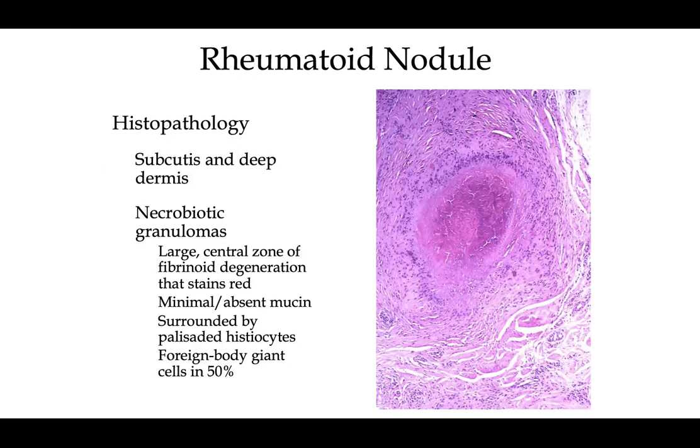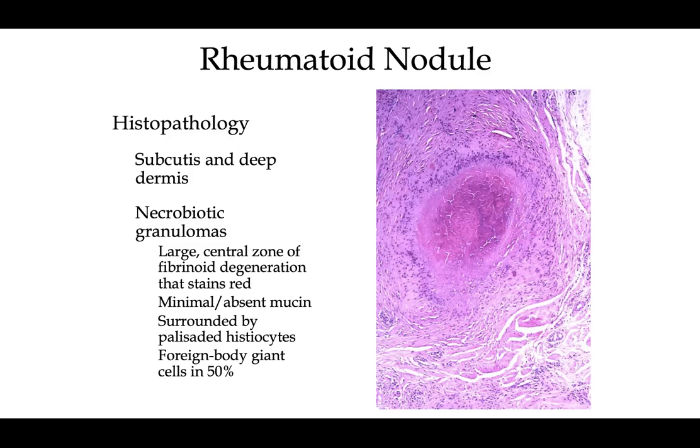Now, from low power, you should be thinking that your differential diagnosis is not only inflammatory, but neoplastic as well. So unfortunately, epithelioid sarcomas can present looking very similar to this on low power.